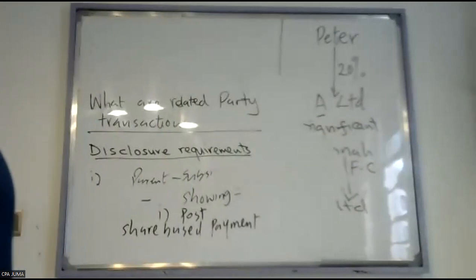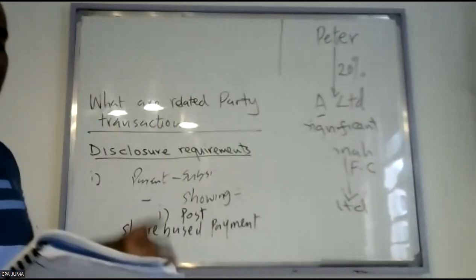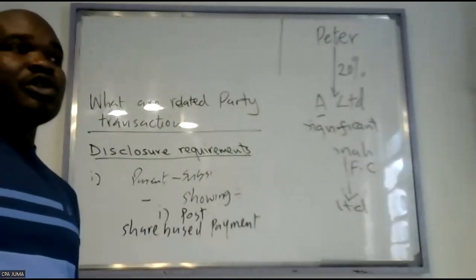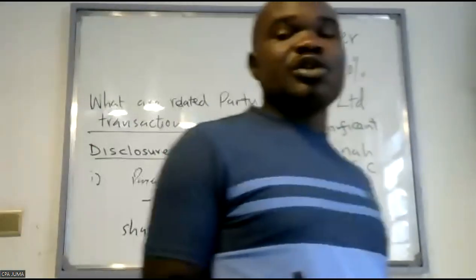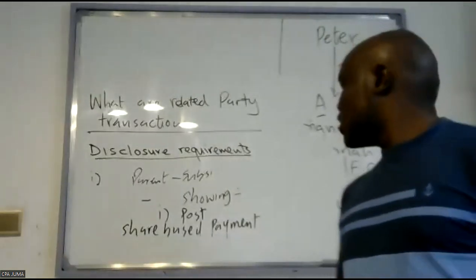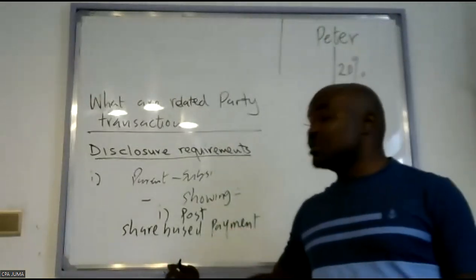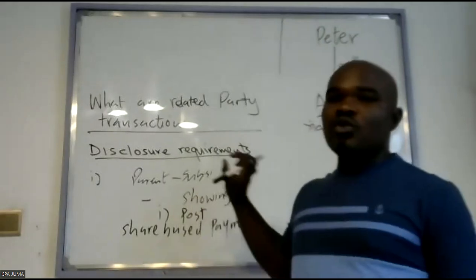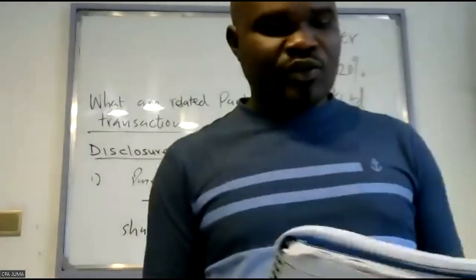So these are to be highlighted under number 2. They can also be asked the information an entity should disclose about their management composition in regards to related party disclosures, IAS number 24. So those are what you need to tell us about the management which we have.